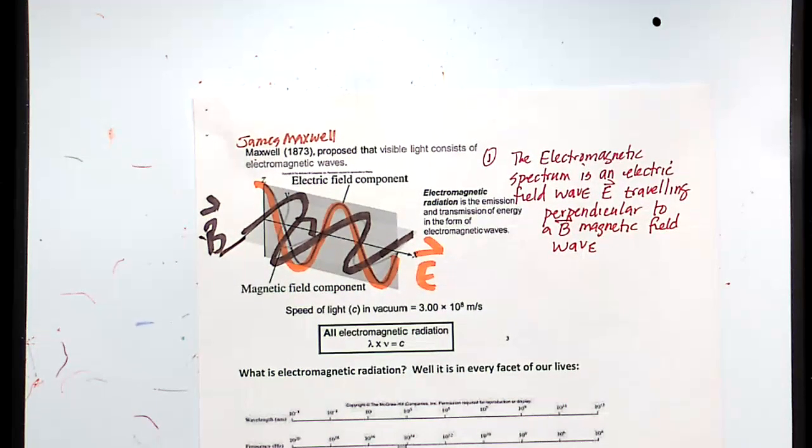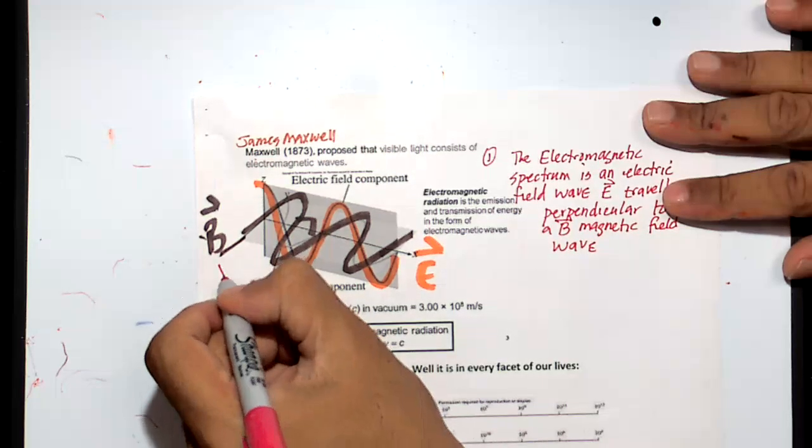So that is what the electromagnetic spectrum is. They're traveling perpendicular to one another.